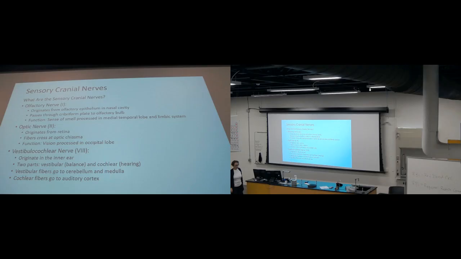The optic nerve starts with the ganglion cells from the retina that extend axons that form the optic nerve, and that optic nerve passes through the optic canal in the sphenoid. And then part of this optic nerve, like the medial half, is going to cross to the other side. So just behind the pituitary gland it will form a little structure called the optic chiasma.